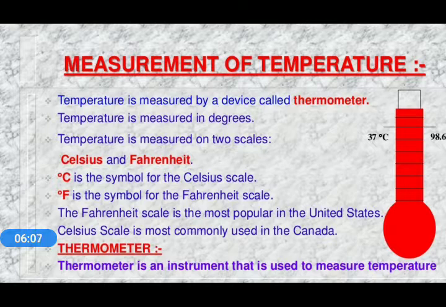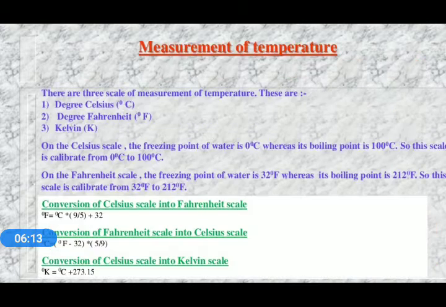Thermometer. A thermometer is an instrument that is used to measure temperature. Measurement of temperature. There are three scales of measurement of temperature. These are degree Celsius, degree Fahrenheit, and Kelvin.